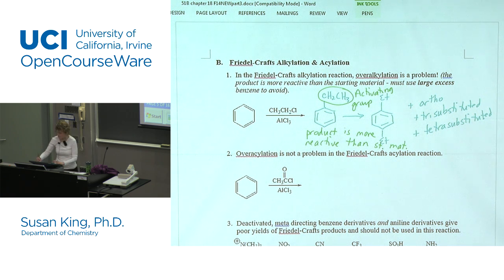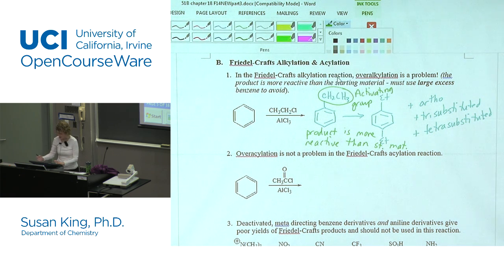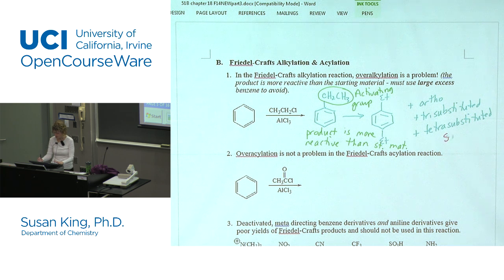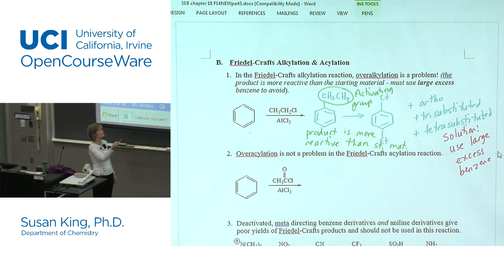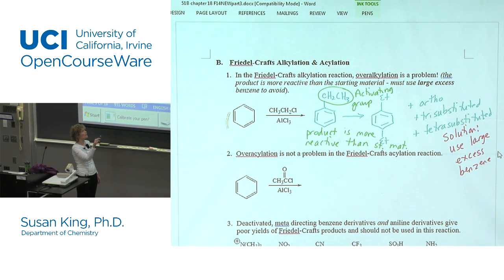All right, so how do we avoid this problem? We can avoid it by using a large excess of benzene. Solution: use a large excess of benzene. Rather than using a one-to-one equivalent, we use a large excess, maybe 1,000 times more.